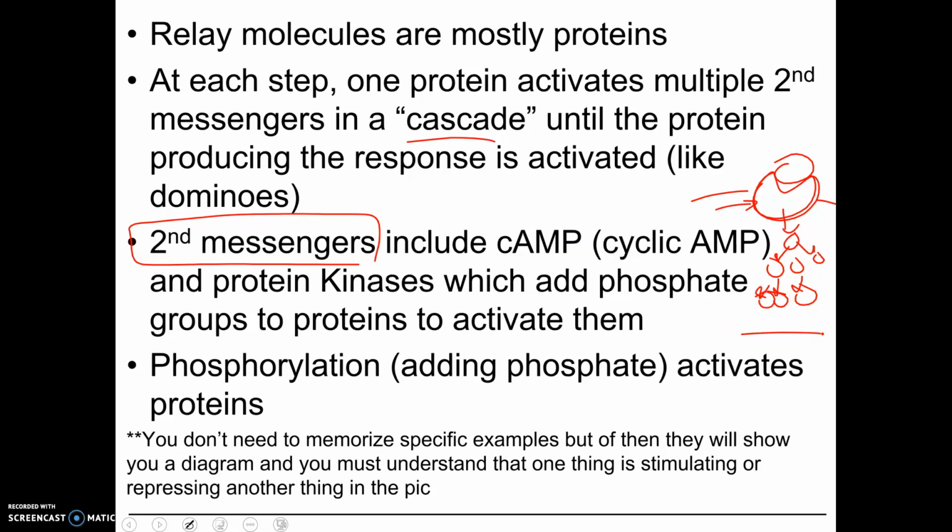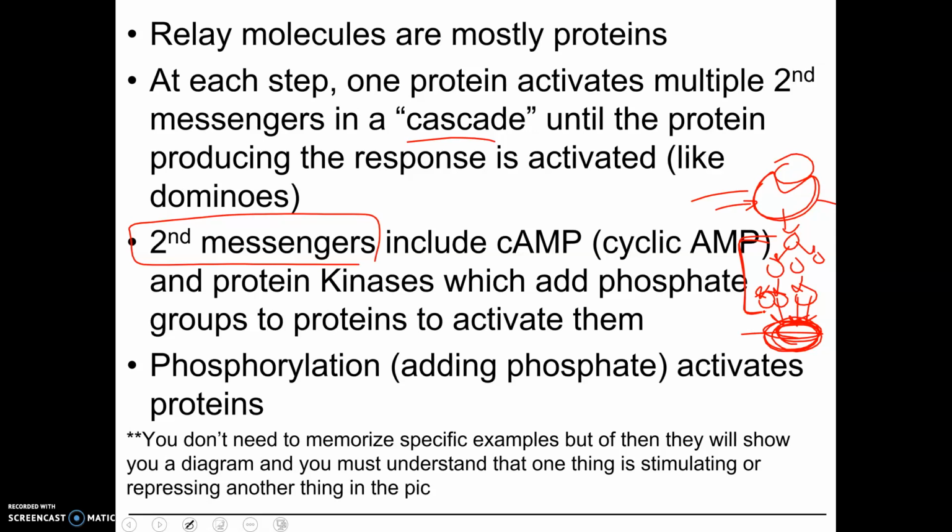They're just amplifying it, carrying it to this final goal place, maybe the DNA, to activate it to make a protein or turn on an enzyme or open a channel or something. But the final response is reached by this sort of domino effect, where this person tells 2 people and they tell 3 people, and it goes on from there.